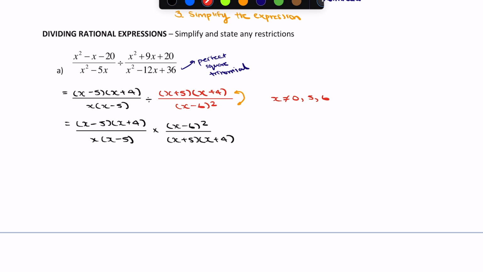Now there's a different denominator in the second term, and we have to state those restrictions as well, because they are different than what we stated before. So we also know that x cannot be equal to -5 or -4. This is because the numerator became the denominator.